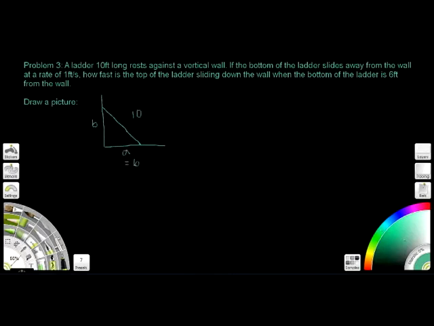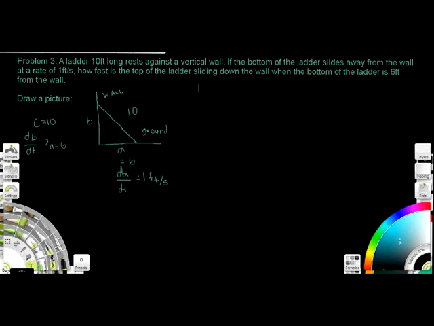The bottom of the ladder is 6 feet from the wall, so a equals 6. The ladder slides away from the wall at a rate of 1 foot per second, so dA/dt equals 1. We are looking for dB/dt, the rate at which the ladder slides down the wall.